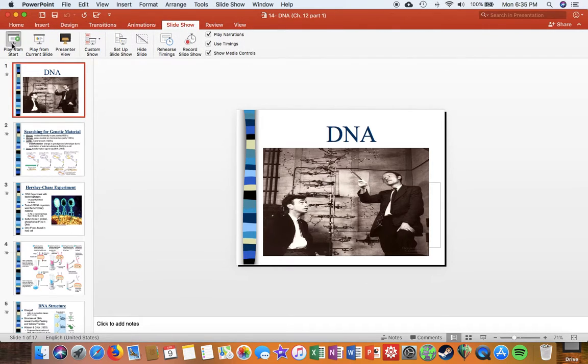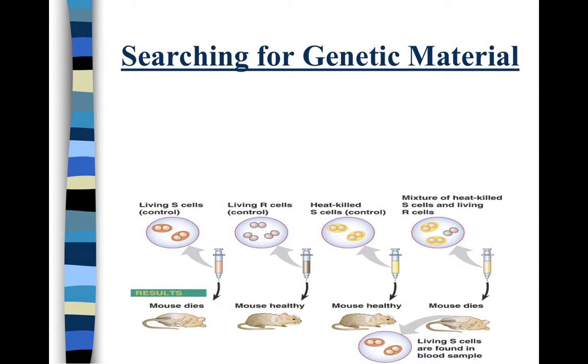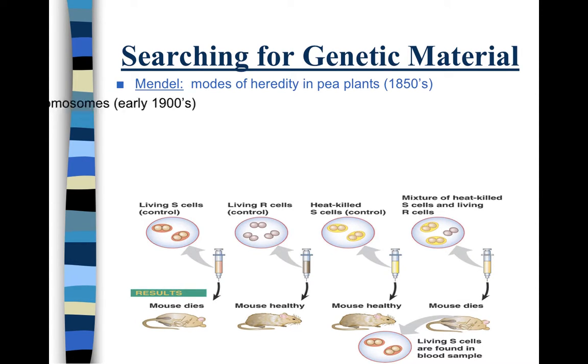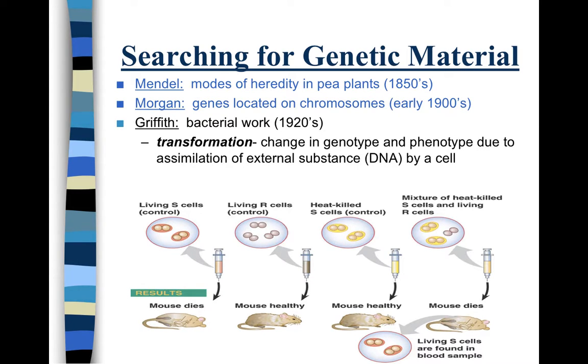So, DNA. What is DNA? All right, so DNA is basically our genetic material. And there were numerous people who searched for years before we knew what DNA actually was.